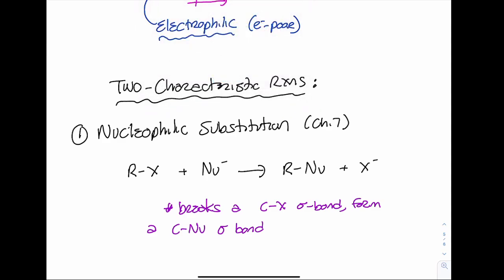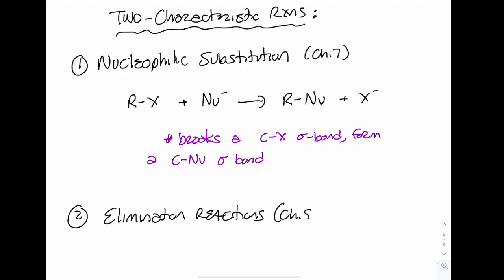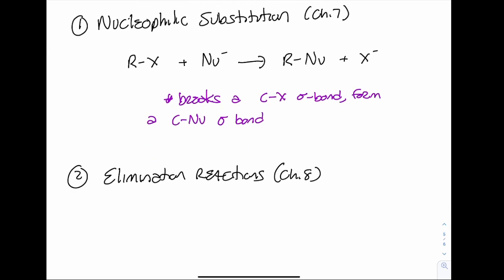Our second type is going to be elimination reactions, and that's going to be the focus of chapter 8. So elimination. And elimination reactions, remember, we're forming a pi bond in these ones.